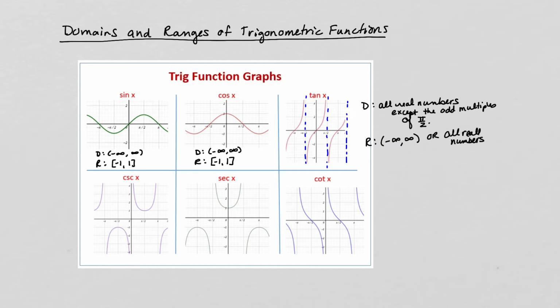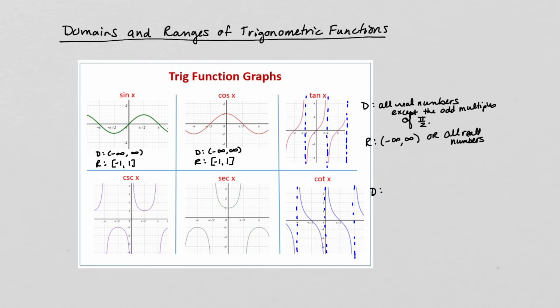And that's going to happen similarly with the cotangent. The only difference is that the asymptotes this time happen at the multiples of pi instead of pi over 2. So these asymptotes are at minus pi, 0, pi, and they keep going.